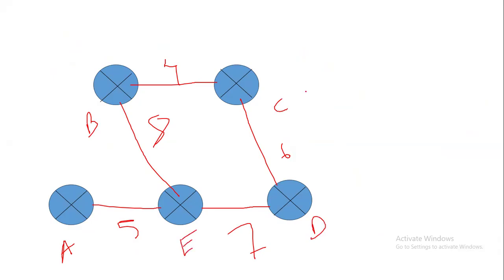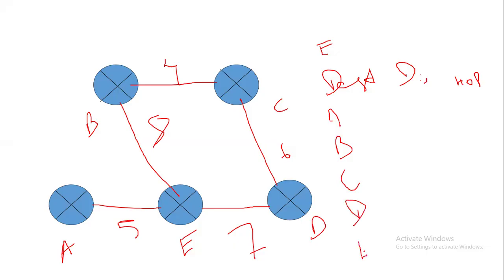We calculated for A. Now we'll calculate for node E. So first my destination, okay, then distance, and the last one is hop. Okay, and in a similar way I'll be putting the table A, B, C, D, E, right?